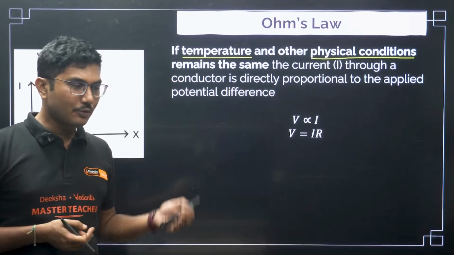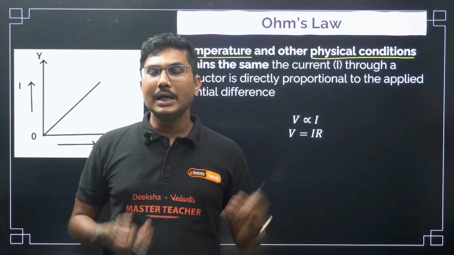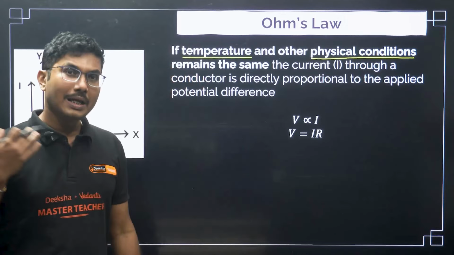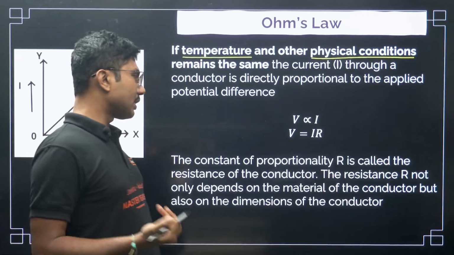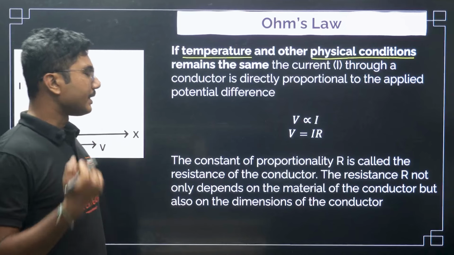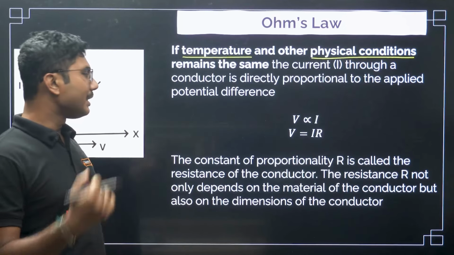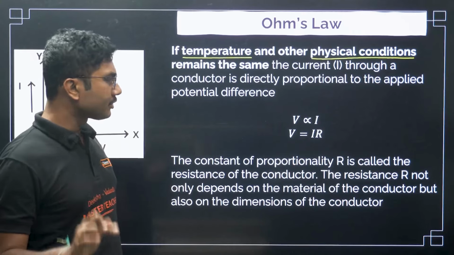In case you apply a lot of current and the solid melts into a liquid, then Ohm's law will no longer be valid. The constant of proportionality R is called the resistance of the conductor. The resistance R not only depends on the material of the conductor, but also on the dimensions of the conductor.